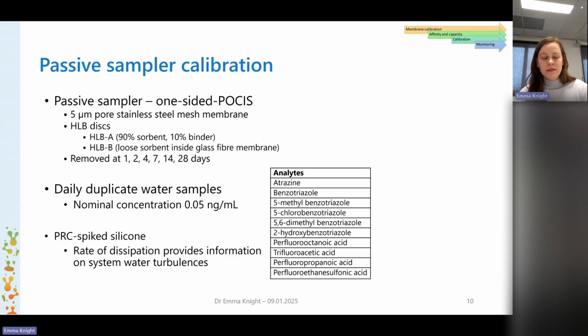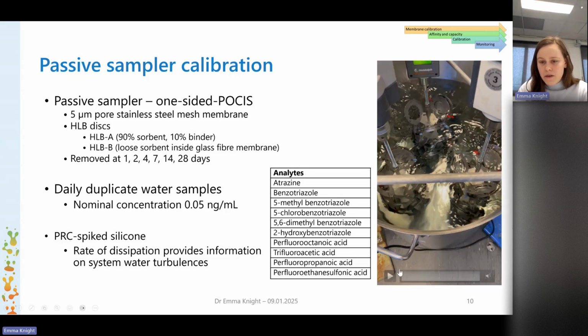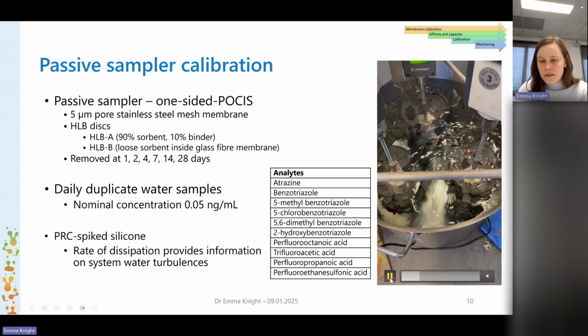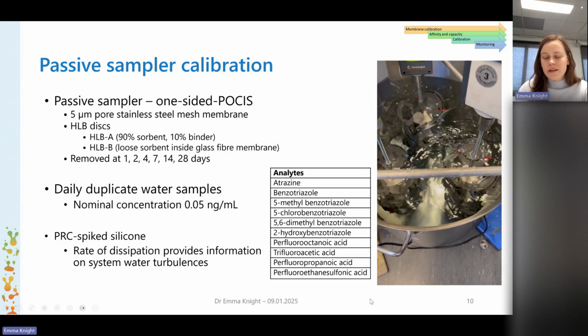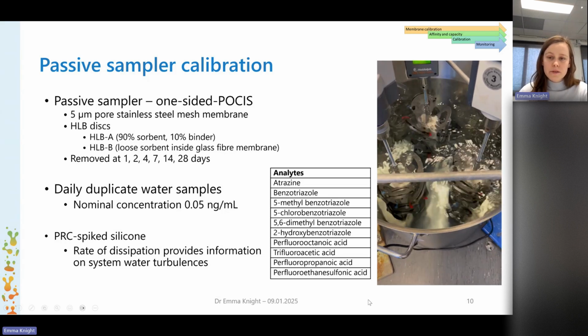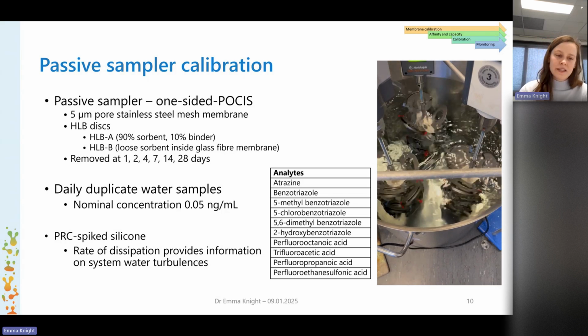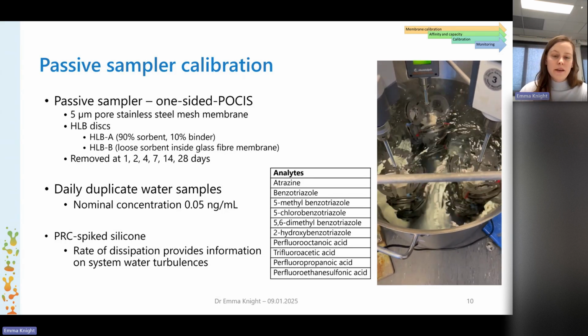We put all the samplers into water that was spiked with roughly 50 nanograms per liter of PM substances and removed those samplers at days 1, 2, 4, 7, 14, and 28. And we also added the PRC spiked silicons into the test system. And here's a little display of the calibration in process. As it was going, you can see the samplers all attached at different depths and spinning around in the water.